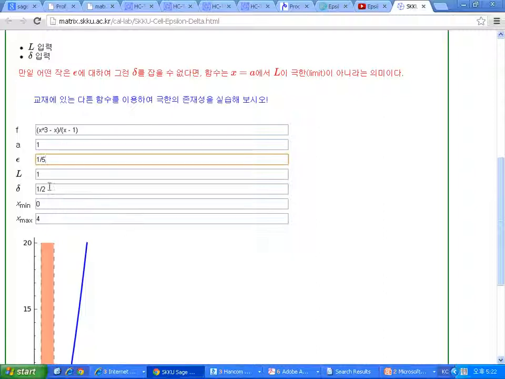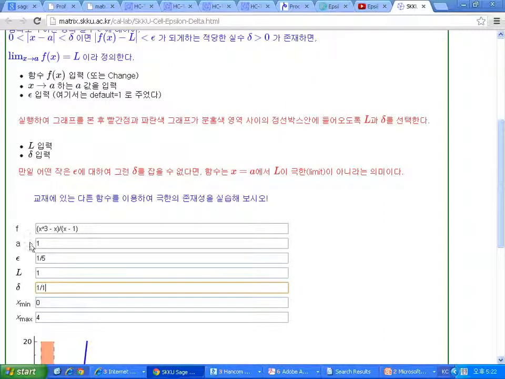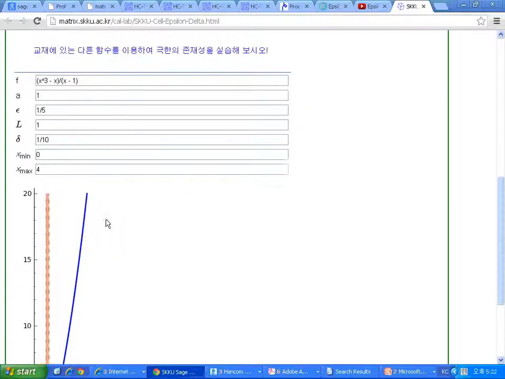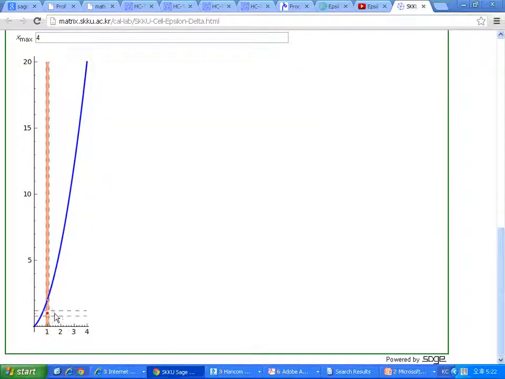If we can find a delta value, then okay, that's right. It is in here. As you see here, when x approaches 1, the value of the function goes to 1. That shows the function has the limit when x goes to 1 here.